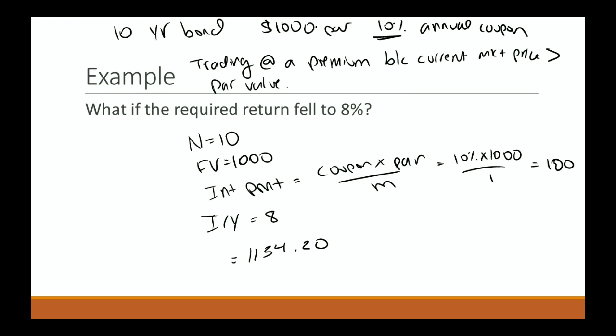And we would know this before we ever started the problem because the coupon rate is greater than the current market interest rate or the required return. So if you could earn more money with this investment than you could in other similar risk investments, then that means that demand for this product would increase, which would cause the price to increase.